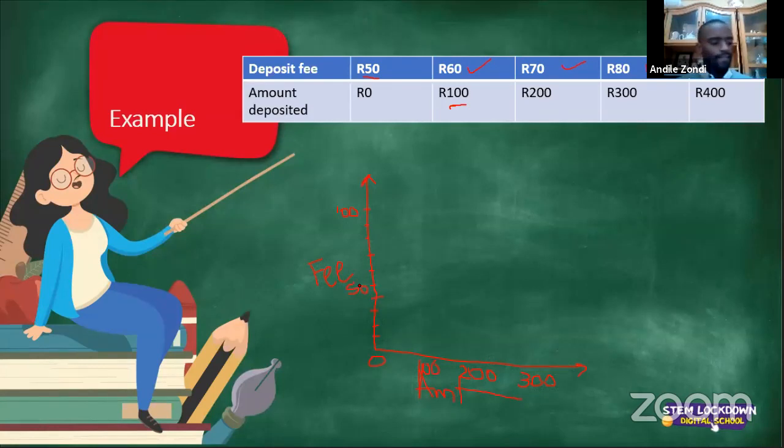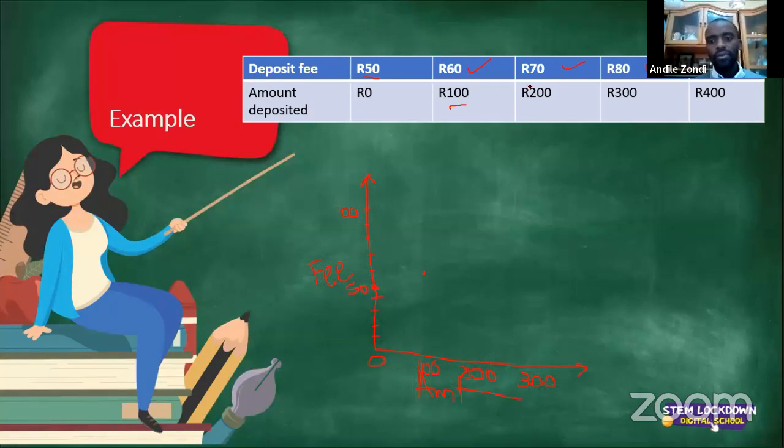Now how would you draw the graph? Obviously, the first point has coordinates 0, 0. Then for the next coordinate, 60 is your fee and the amount is 100, so where those two meet, plot a point.